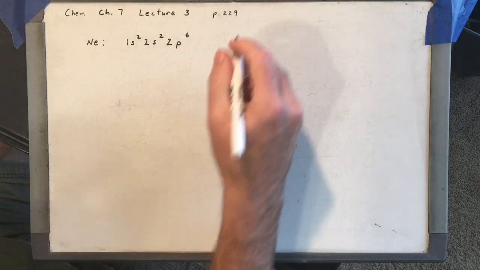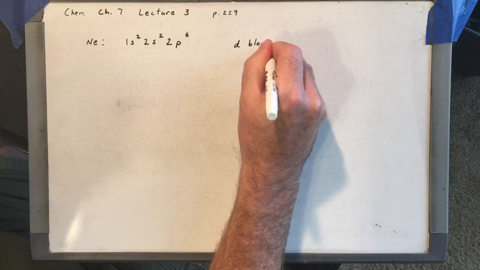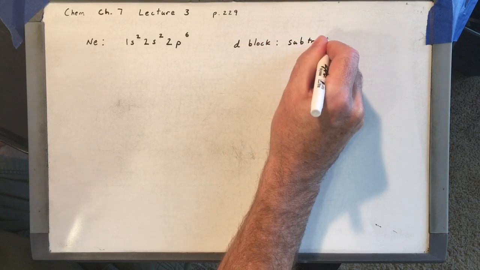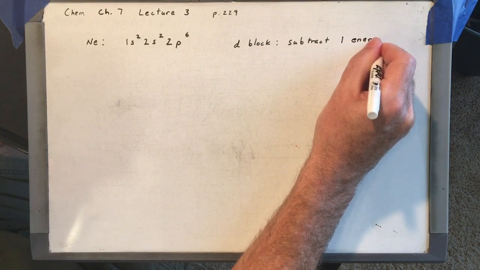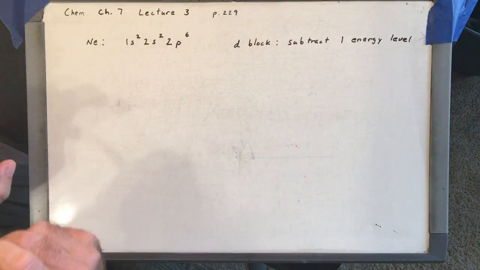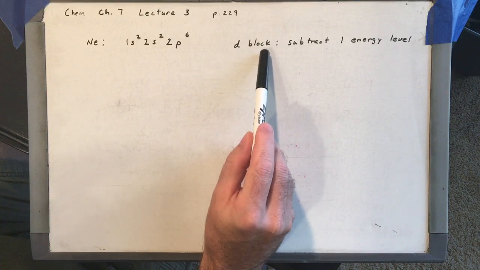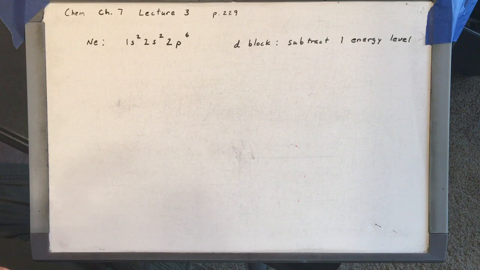When you get to D block, we subtract 1 energy level. That's because electrons actually fill S block and P block up before D block. Those complicated shapes require more energy, so it fills up P block first. You'll see that in a minute.